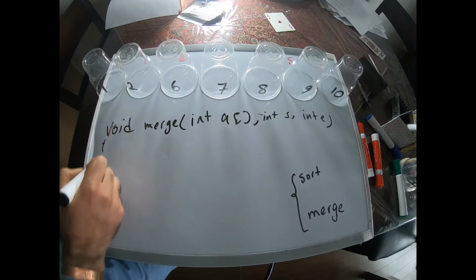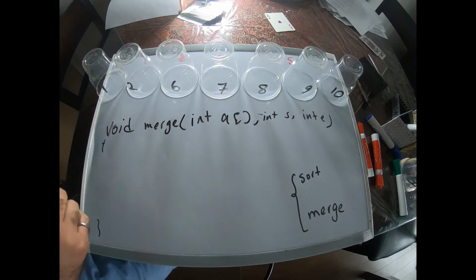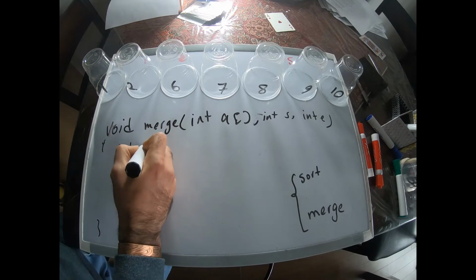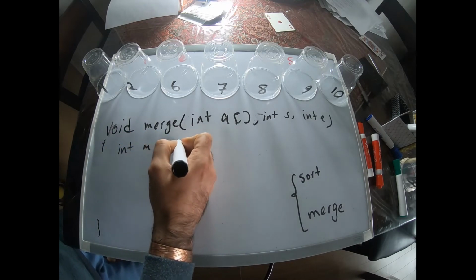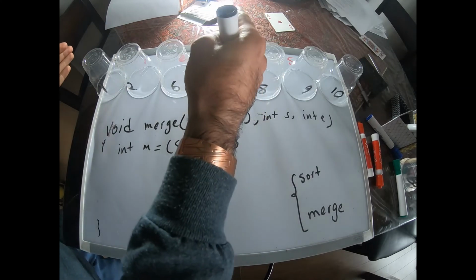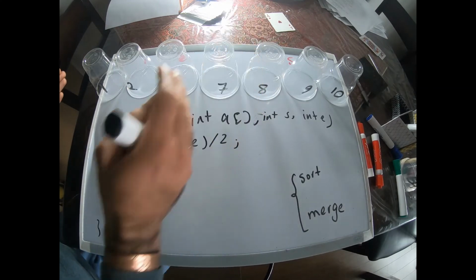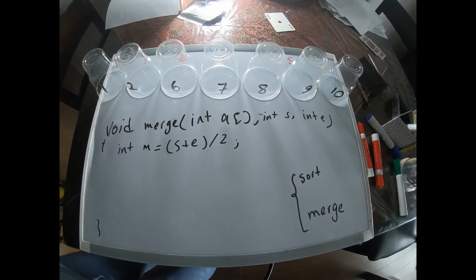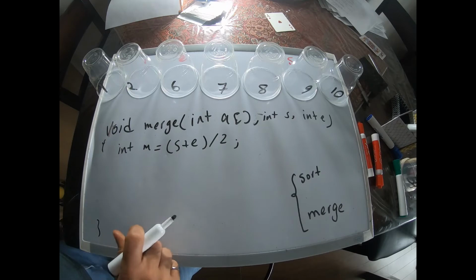So what we need to do, we have to find the midpoint. So let's say integer mid is equal to start plus end divided by 2. It doesn't matter if the two sub-arrays have the same size. You saw that first time this had 4 elements, this had 3 elements. They don't have to have exactly the same size.